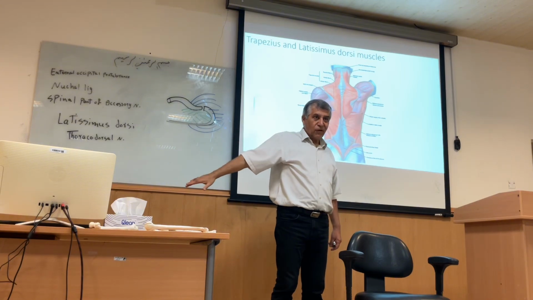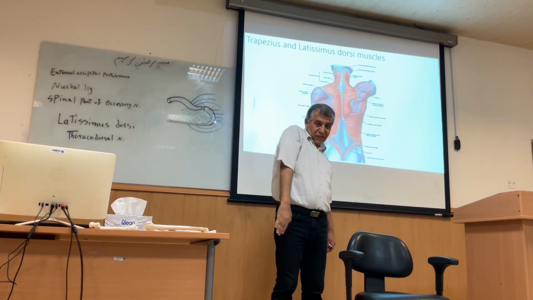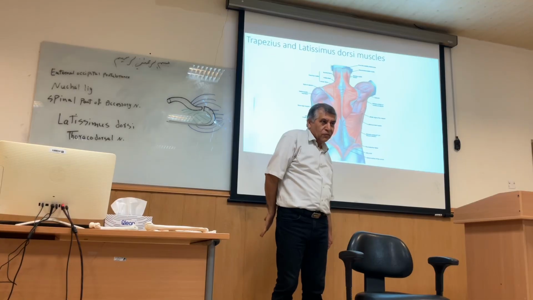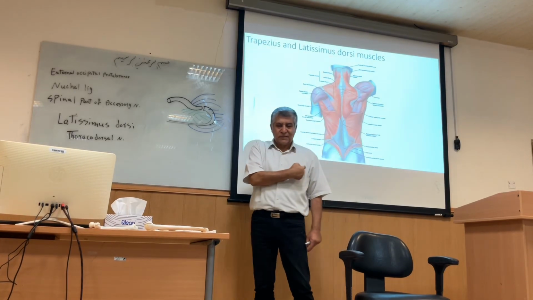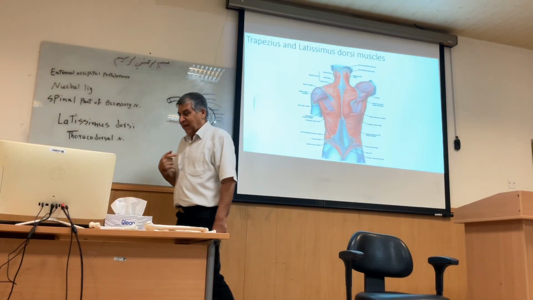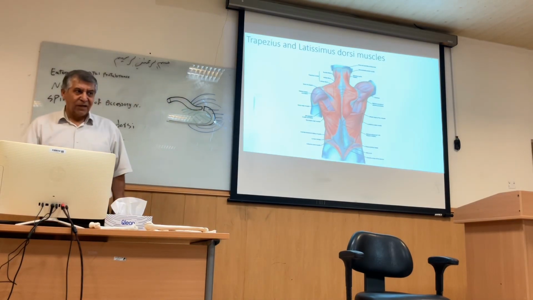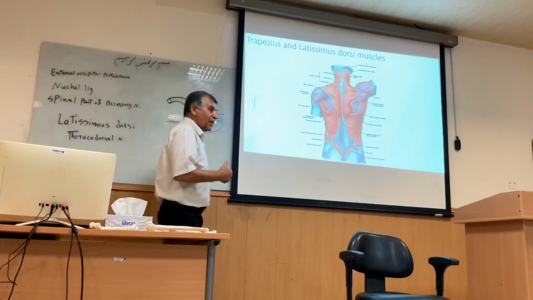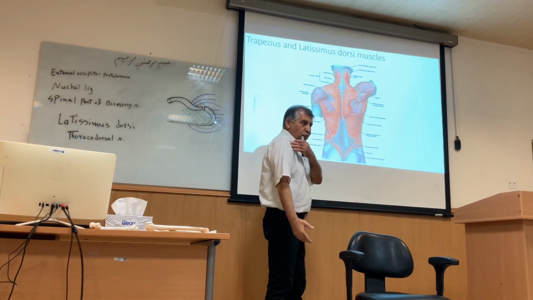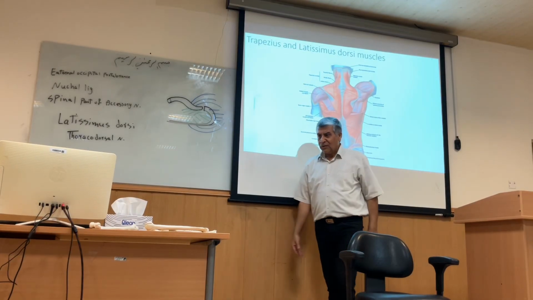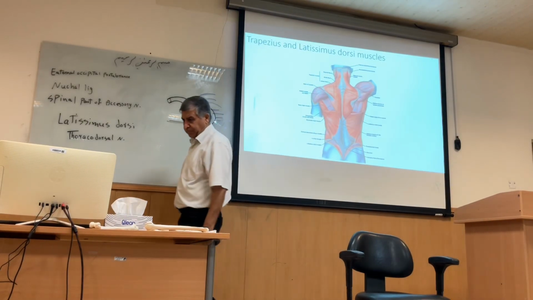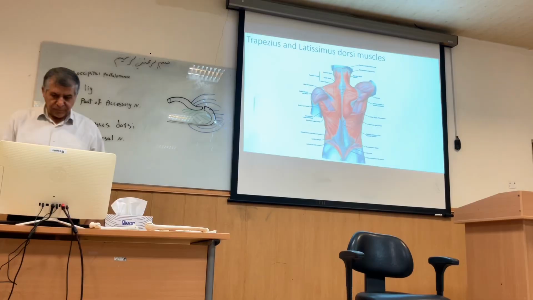Swimming: extension, adduction, medial rotation. This is the function of latissimus dorsi. The latissimus dorsi extends, adducts, and medially rotates the shoulder joint or arm. Okay?